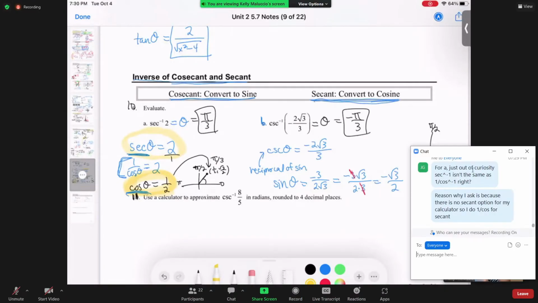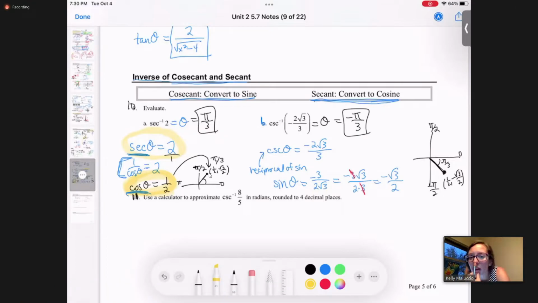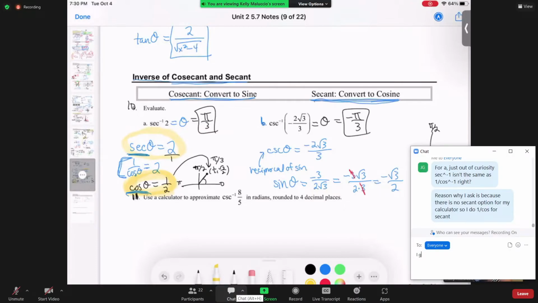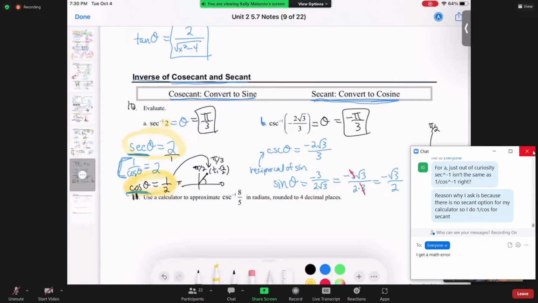So you could do this in your calculator. What you could do is 1/inverse cosine of 2. Oh, I don't think that worked. You know what? It's not the same, but what it is is the inverse cosine of the reciprocal of this number.